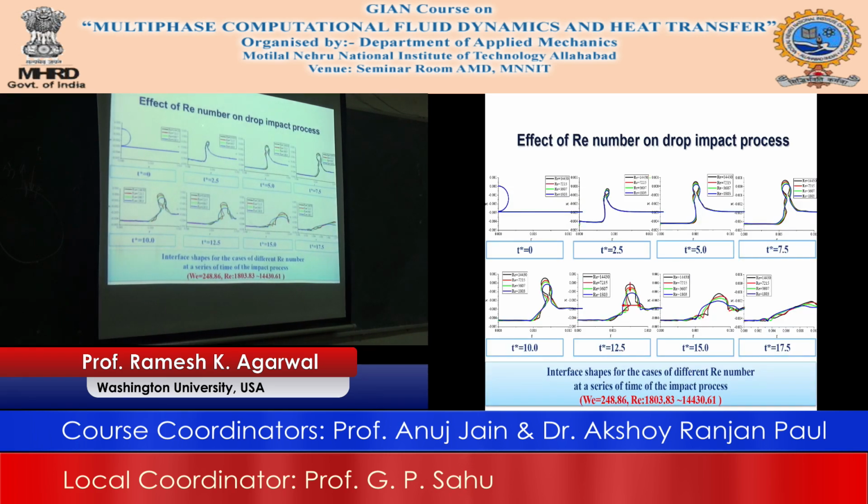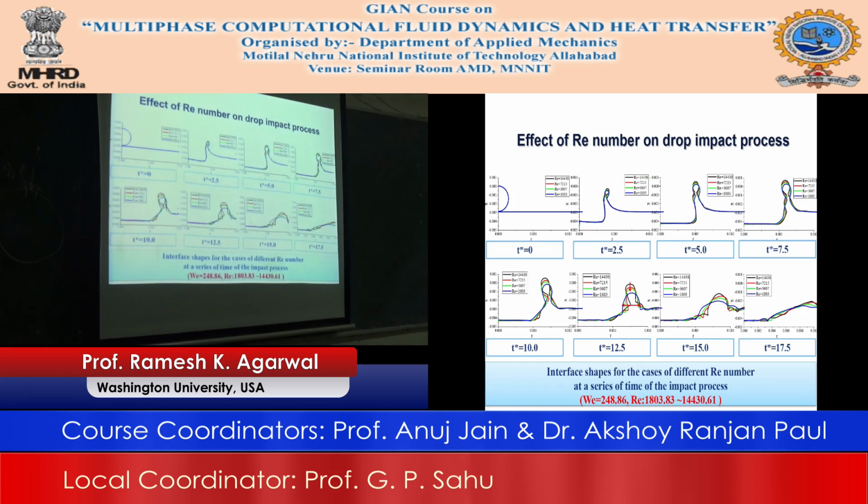Now this shows the effect of the Reynolds number on the impact process. If you change the Reynolds number, varying from 1800 to 14,000, then you can see how the crown shape evolved. It doesn't show anything more except how the crown shape evolves.